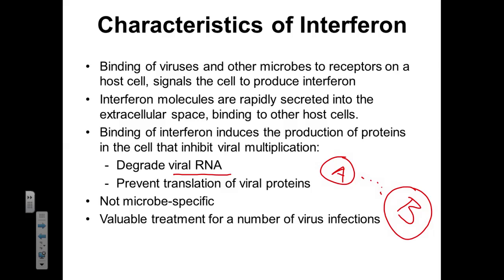These interferons are not microbe specific and provide us with a valuable treatment for viral-based infections. Several antiviral medications mimic this category of interferons. And if we can stimulate our cells to destroy viral RNA, we can minimize the rate and the extent of a virus spreading through our body.